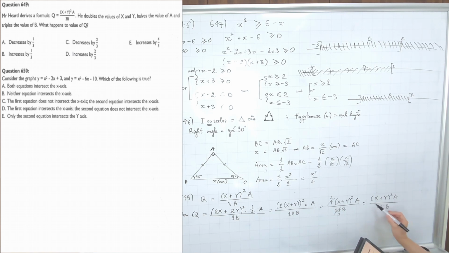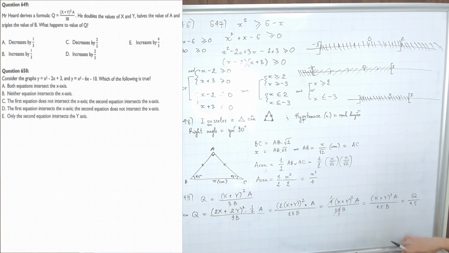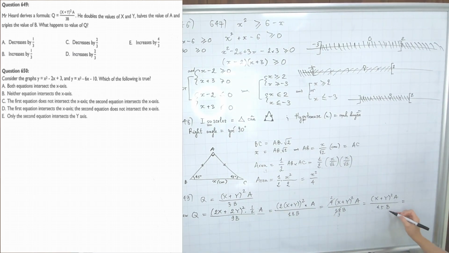And it looks like it's actually Q divided by 4.5, right? Because this one, the whole thing here. Oh, wait, no. Q actually has 3b here, but this is 4.5b. So what does it mean? It's actually 1.5 times 3b, right?